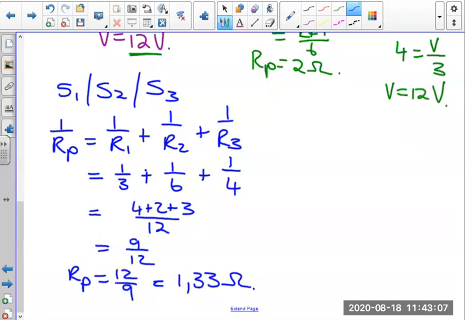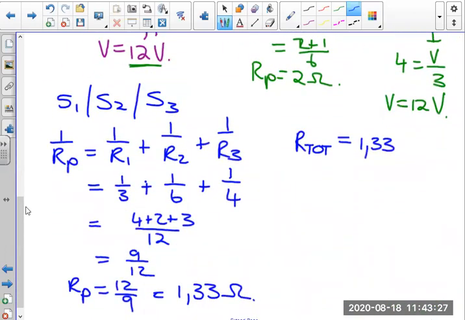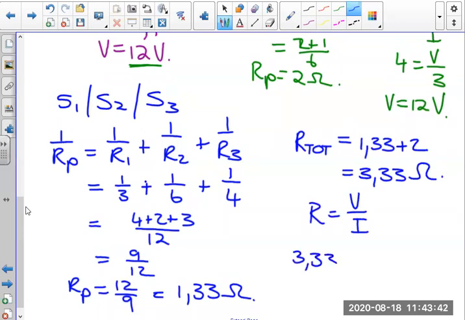And then it means that you still have to work out R total. So we must still keep the light bulb in consideration. So we're going to say the total resistance is the 1.33 in parallel plus the light bulb that we worked out that has a resistance of 2 ohm. So I'm going to add the 2, and then the total resistance is 3.33 ohm. And then we say R equals V over I. Resistance is 3.33.